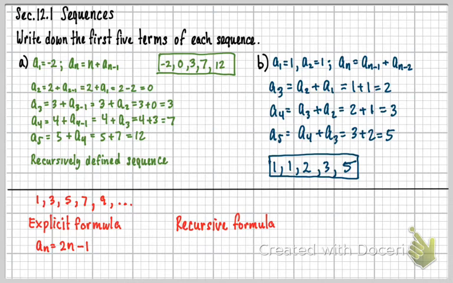Now another way to look at that is when I'm adding 2 every time. So this means for my A2, I would be adding 1 2. And for my A3, I would be adding 2 2s.